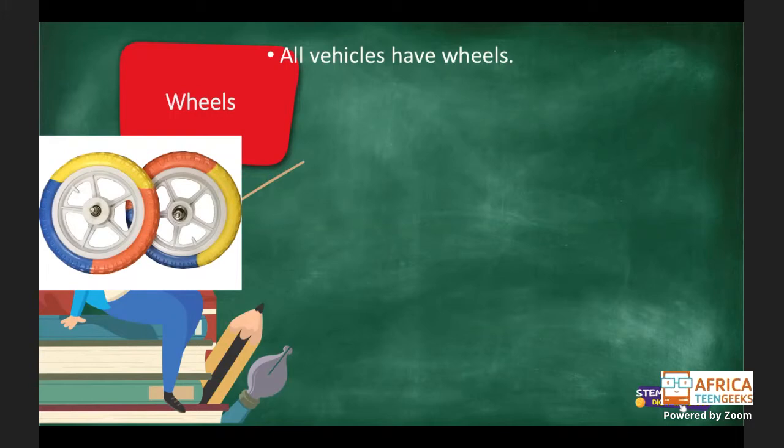Some trucks have 45 wheels alone. But our main part for today is the wheels and axles. This silver part is called an axle. An axle gives support to the wheel.